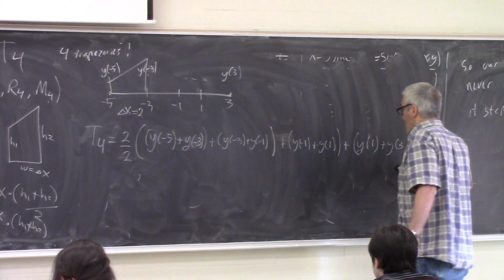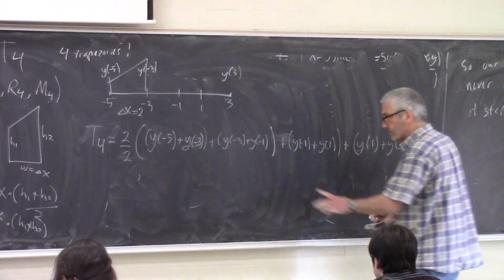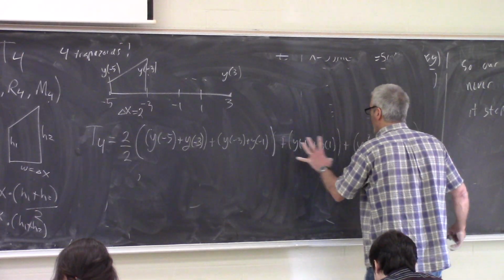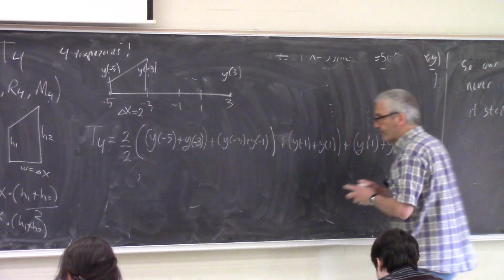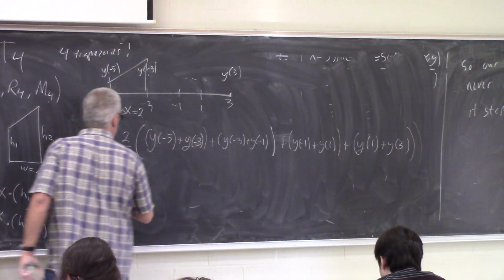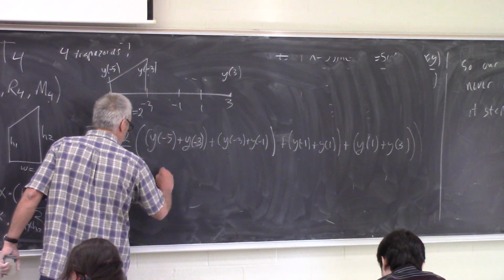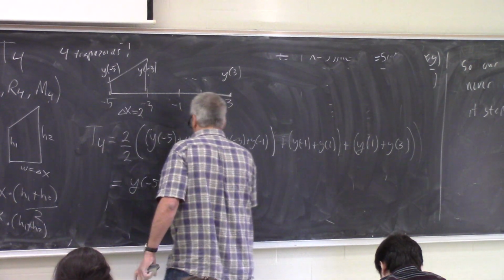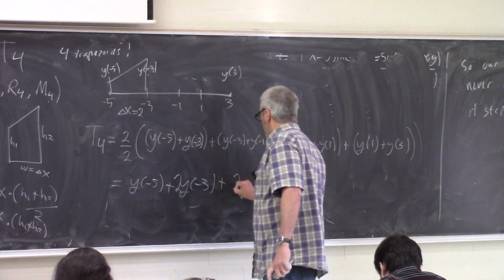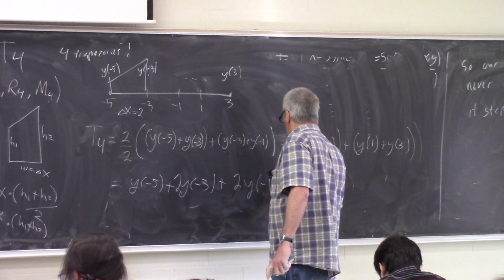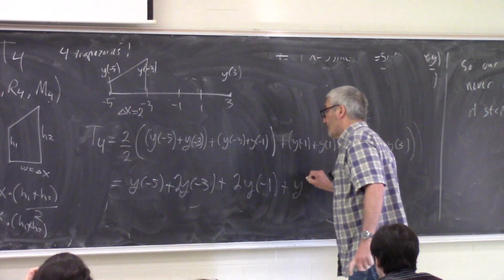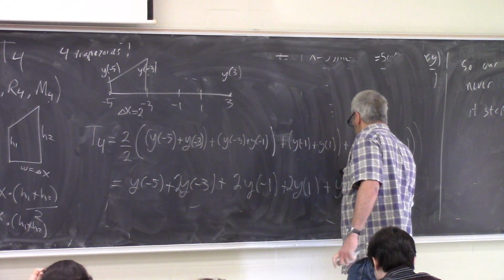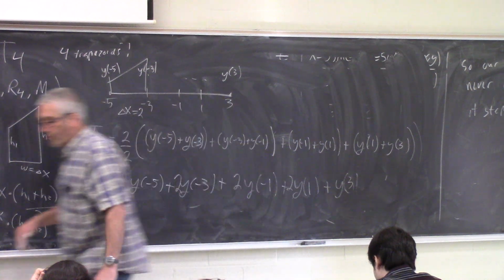Now look, a bunch of these turn up more than once. There are 2 y of negative 3s, 2 y of negative 1s, 2 y of 1s, but there's only one of the ones on the end. So I end up with y of negative 5 plus 2 y of negative 3 plus 2 y of negative 1 plus 2 y of 1 plus only 1 y of 3. Now I have to use the formula for the y values.